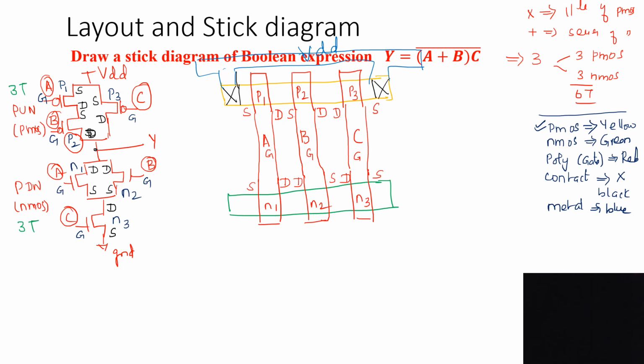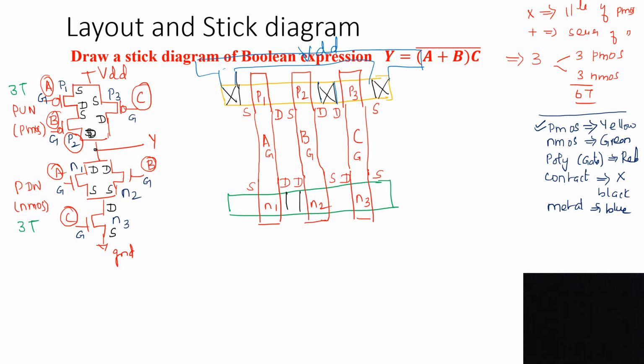And pull down network, drain of N1 and drain of N2 should be connected to drain of P2 transistor and drain of P3 transistor. So here we have the P2, we have to take the black color. P2, P3 drain should be connected to N1, N2 drain.